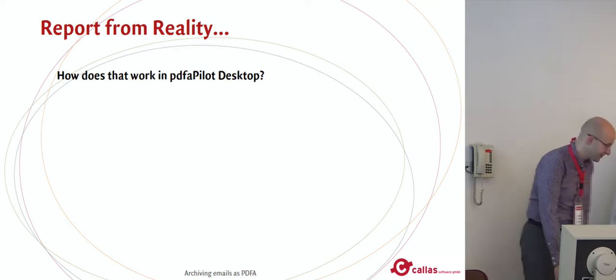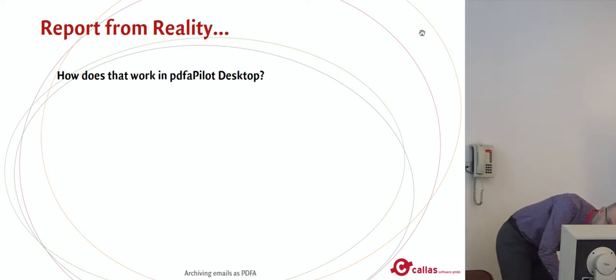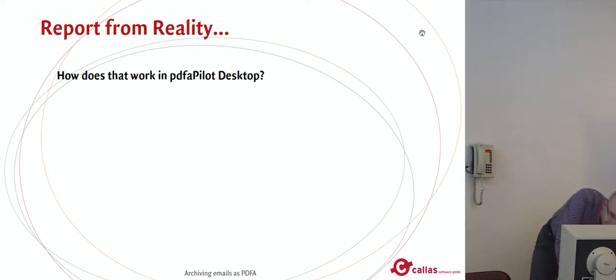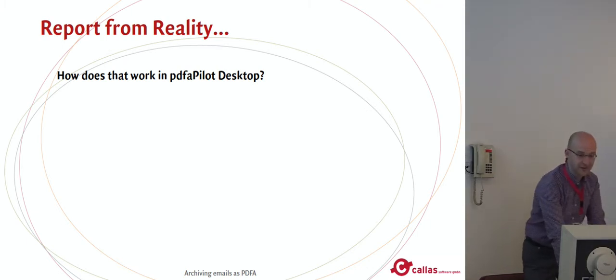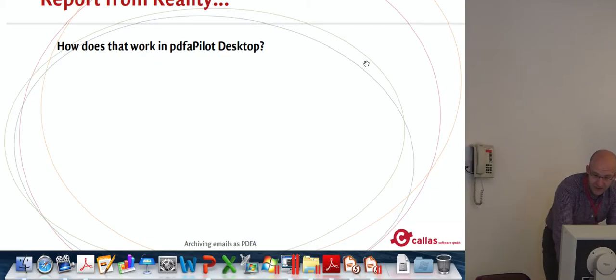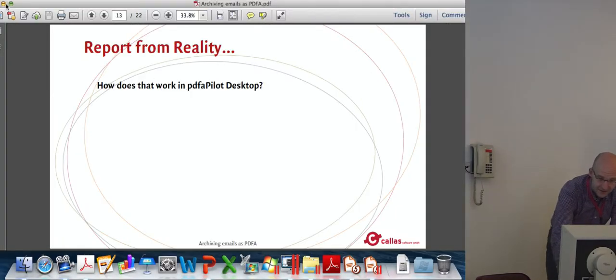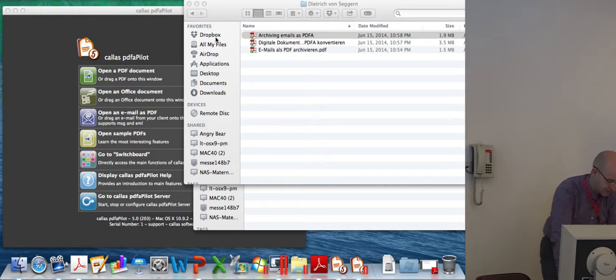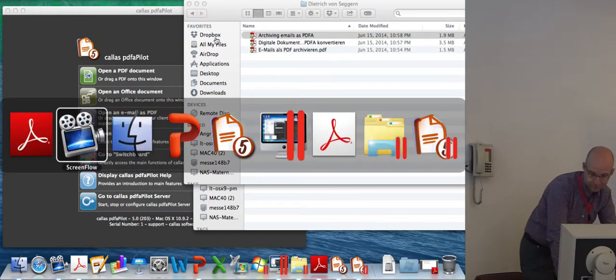Yeah, when it comes to a technical demonstration, it's always my part. I try to make something between sitting and standing, because I want to show you how we implemented this in our PDFA software, which is called PDFA Pilot.